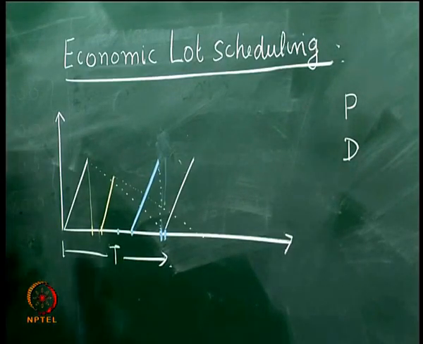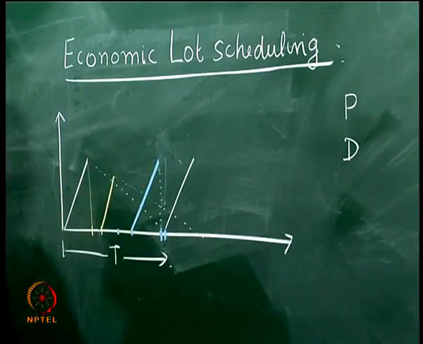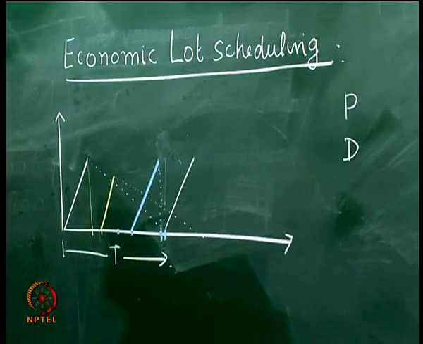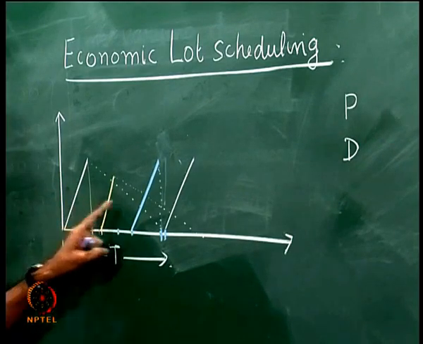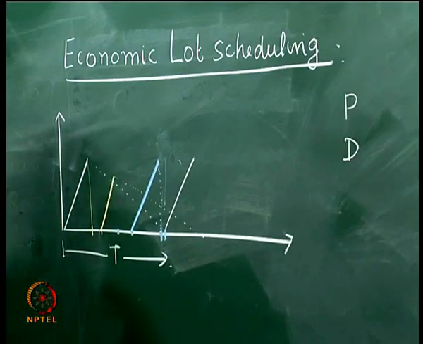Though the example that I am giving right now follows the order white, then yellow and then blue. Let us assume these 3 colors represent 3 distinct products. Once we solve the economic lot scheduling problem, whether we make it in the order white, yellow, blue or white, blue, yellow, it is the same, because the cycle time is the same for all of them.